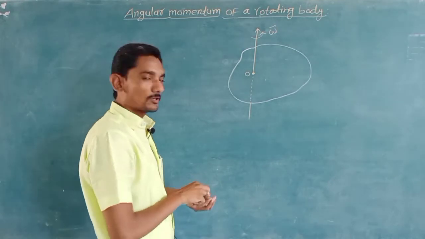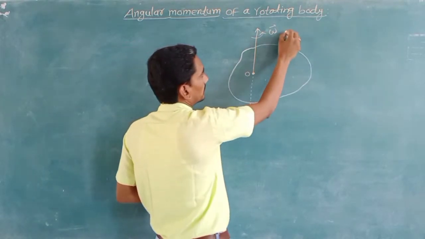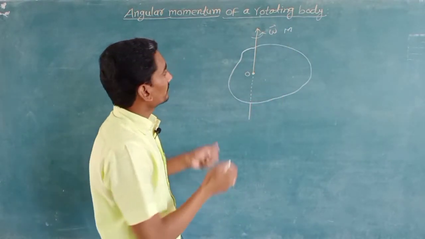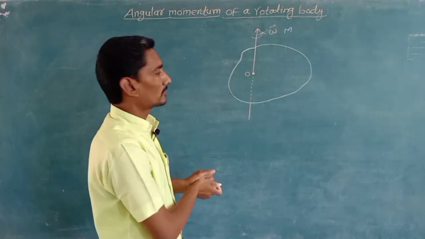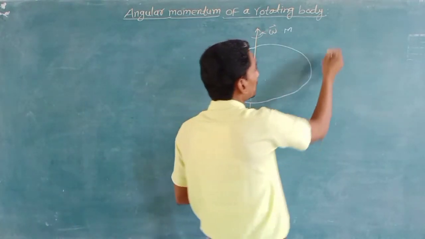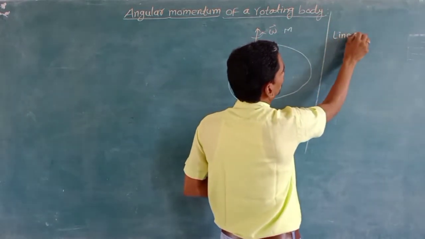The body consists of n number of particles, and the total mass of the body is, suppose, capital M. But before we discuss the angular momentum, what is meant by linear momentum?